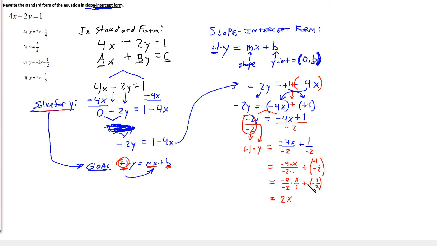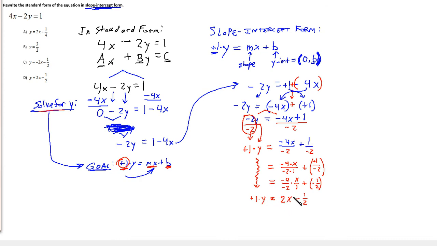Now, the rule for additive inverse says if we change addition to subtraction, like right now we have plus and negative, we can change it to minus a positive. So plus a negative 1/2 is the same as minus a positive 1/2. And I think we have that all simplified. So here's what's been running down the left side of these equations: positive 1y equals 2x minus 1/2.